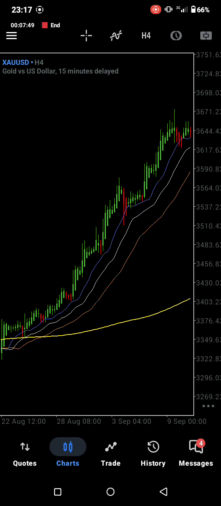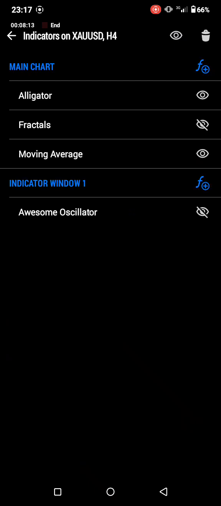Now we need to know during these moments in time of trend who is in control of the specific trend, right? So now we look for momentum, right? The shifts in momentum will tell us whether it's buyers or sellers in control of this market, right? And the easiest indicator to use and get to understand and work with would be our awesome oscillator.